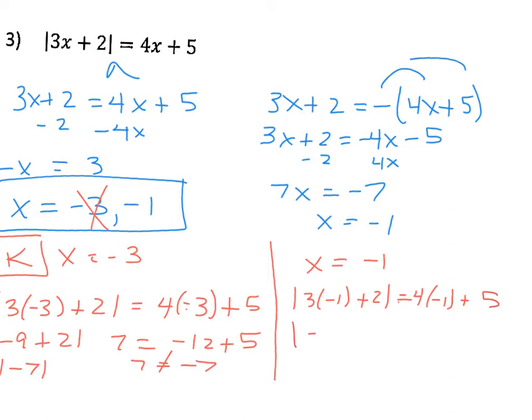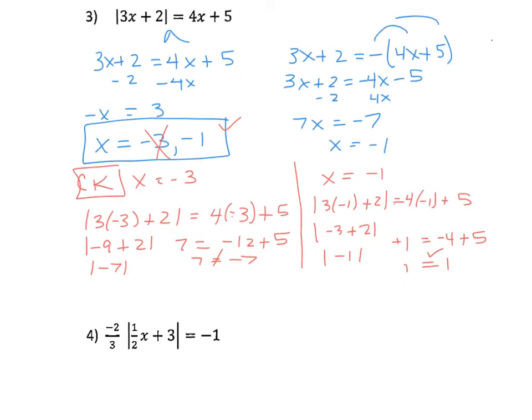So the absolute value of -3 plus 2 is the absolute value of -1, which equals 1. And does that equal -4 plus 5? And it actually does. 1 does equal 1. So -1 is my answer.